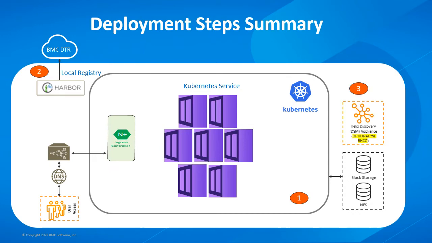An optional component for BMC Helix Capacity Optimization is the Helix Discovery Appliance. It is used for dynamic service modeling.